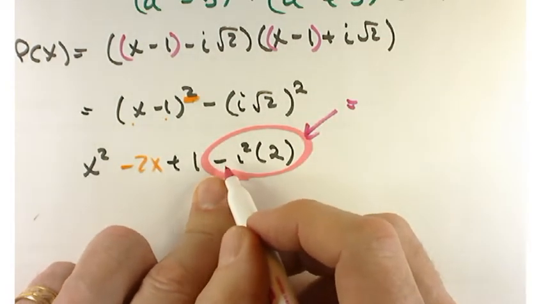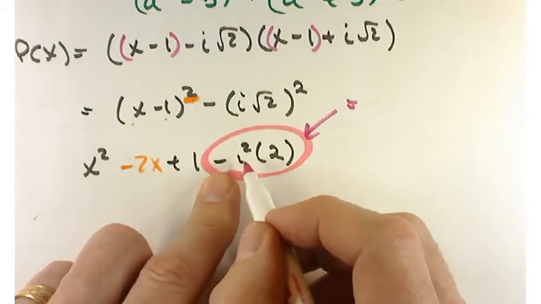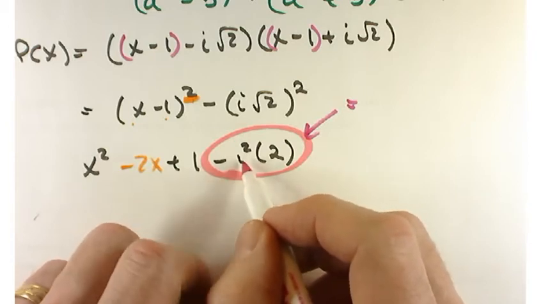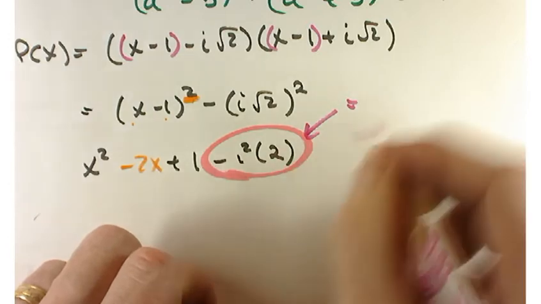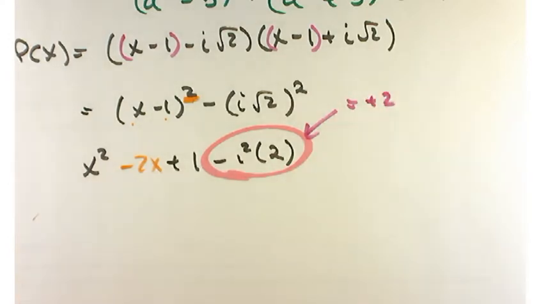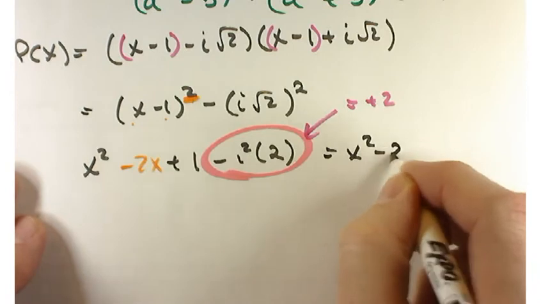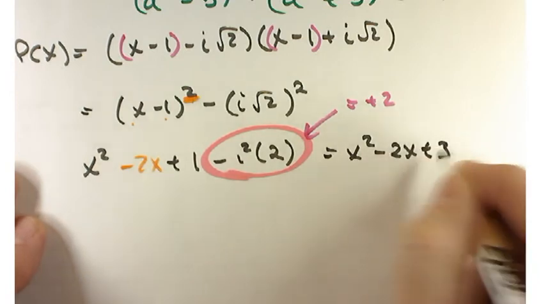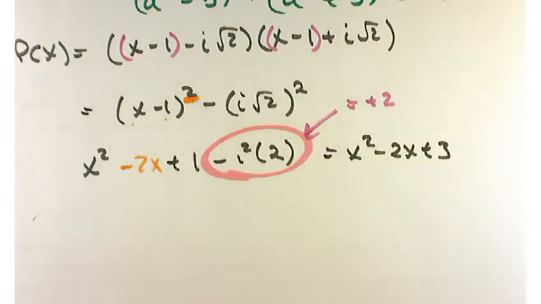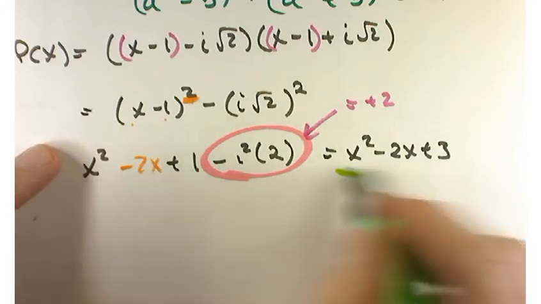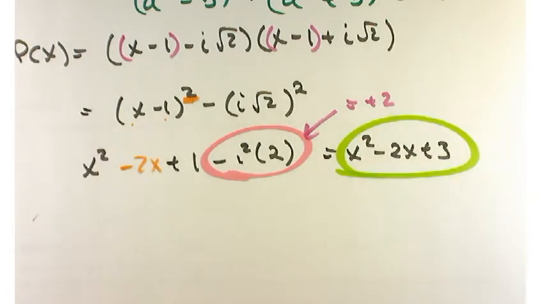Minus i squared. Well, i squared is negative 1. Negative times a negative is positive. So overall, that equals a plus 2 there. The bottom line for my polynomial is x squared minus 2x plus 3. That's the answer I'll be looking for.